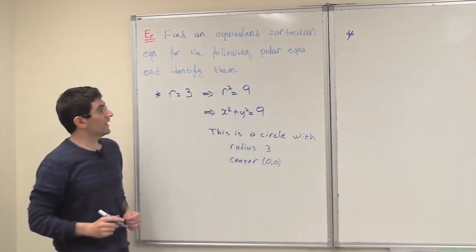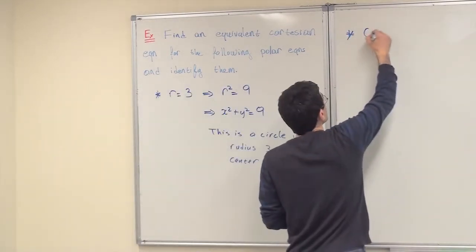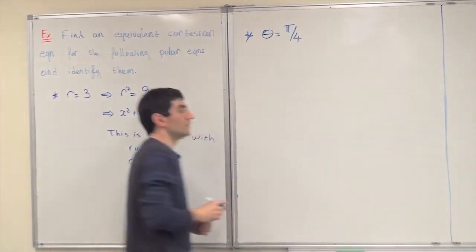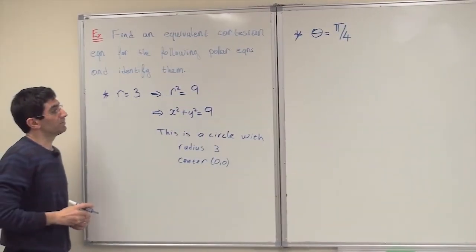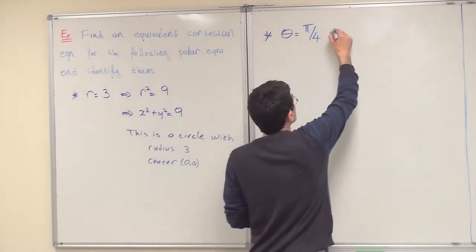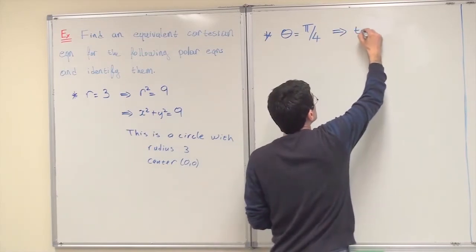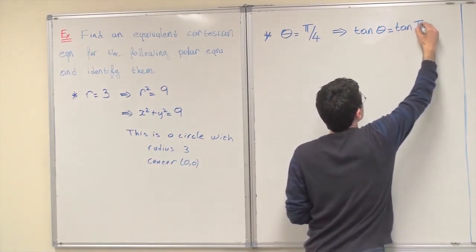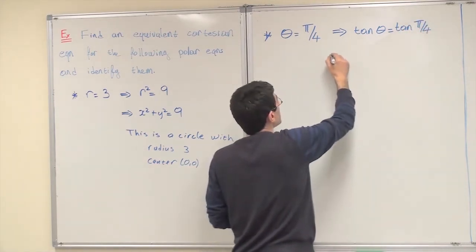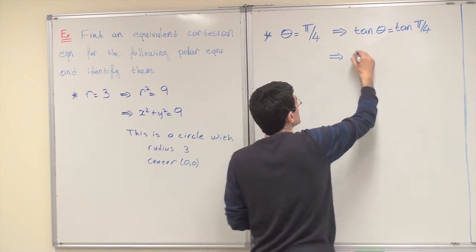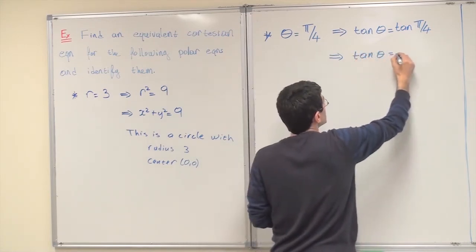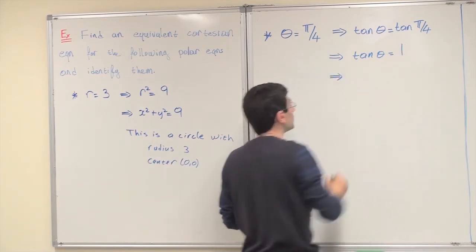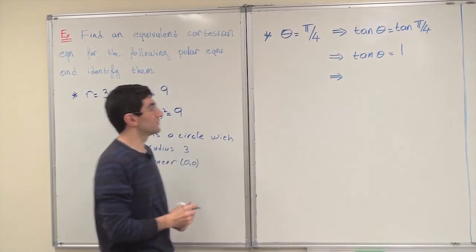Next, we look at the polar equation theta equals pi over 4. Now, I apply tangent to both sides of this equation, and it gives us that tangent theta is equal to 1, and then we know the expression of tangent theta in terms of y and x.